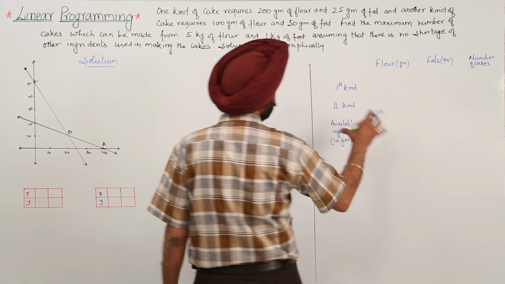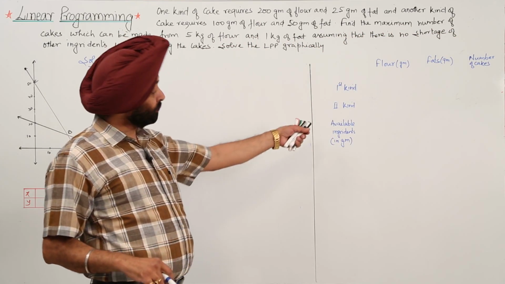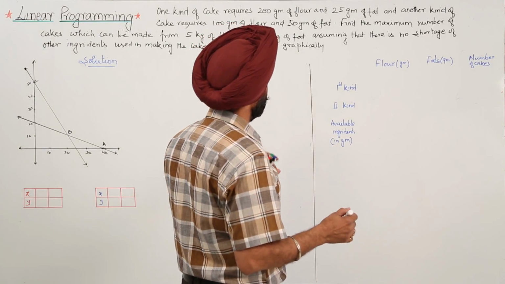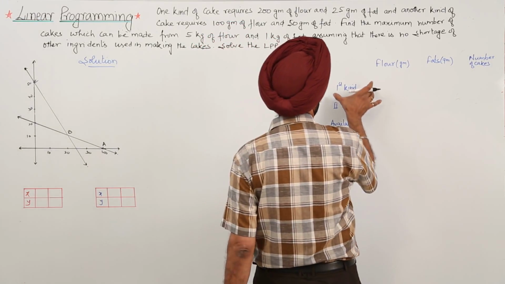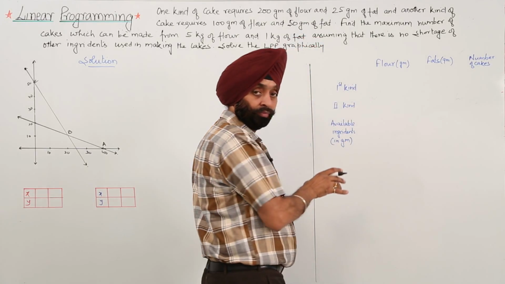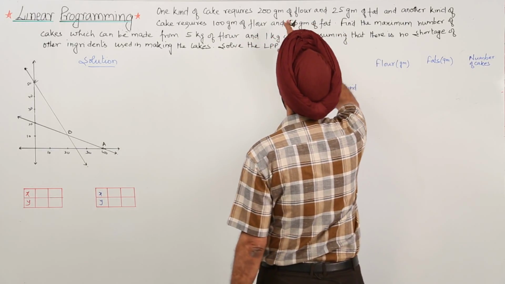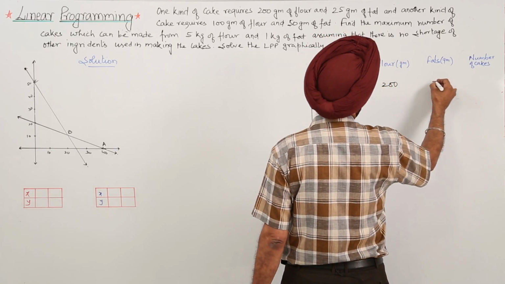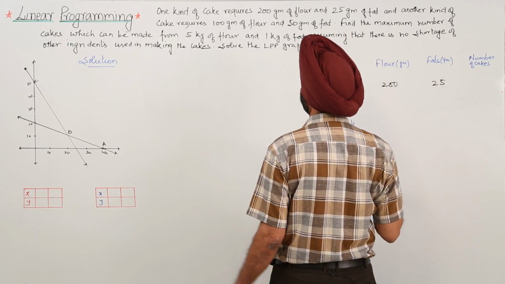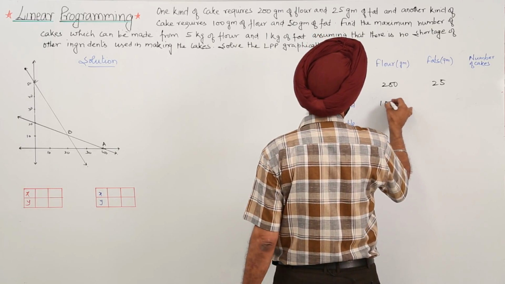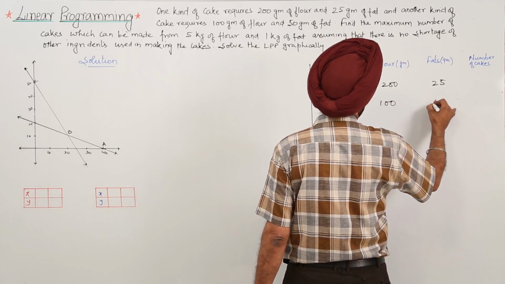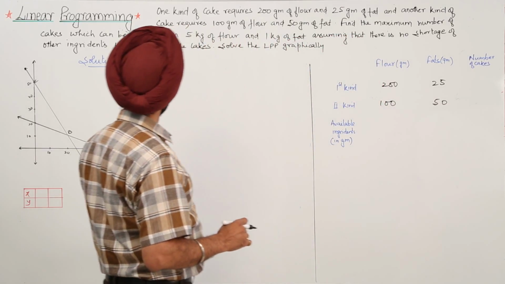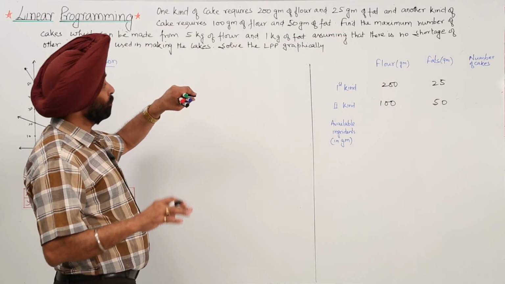Now, I have already done a rough part here. What we are going to do is, first kind of cake and then second kind of cake. Flour 200 grams and fat is 25 grams. In the second kind we have 100 grams and 50 grams. Is it clear? Now how much flour is available to us?